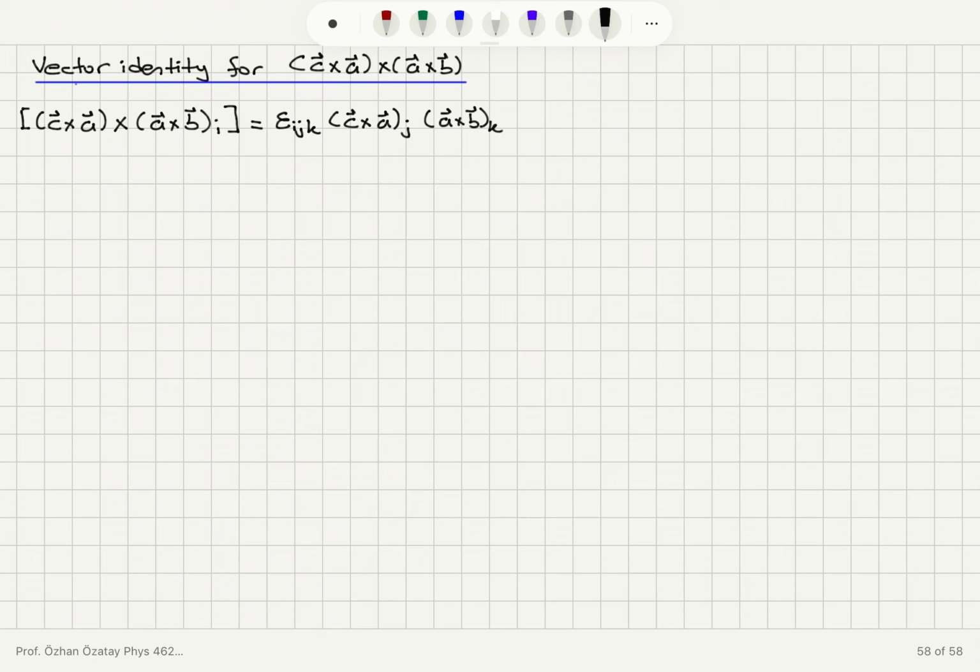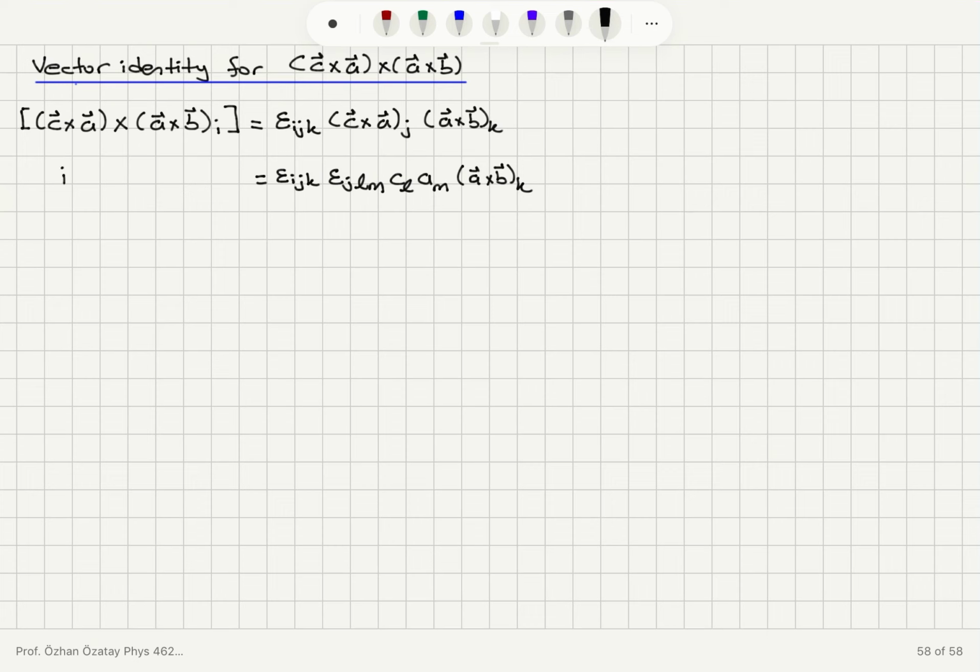If I use once again the definition of the cross product using the Levi-Civita symbol, this is epsilon ijk. For the jth component of C cross A, I can write epsilon jlm CL AM, and I have the kth component of A cross B.